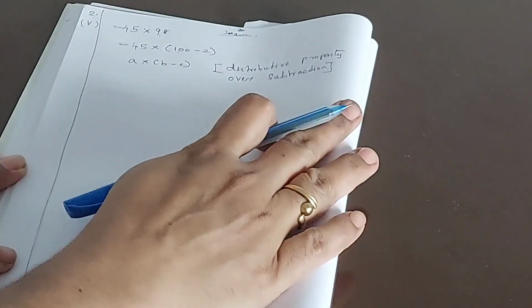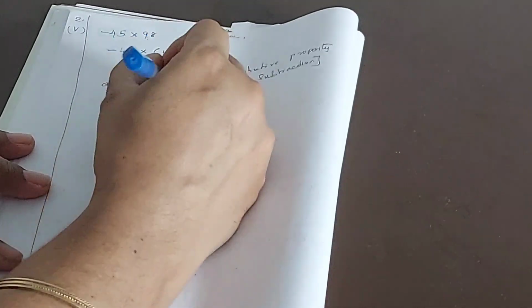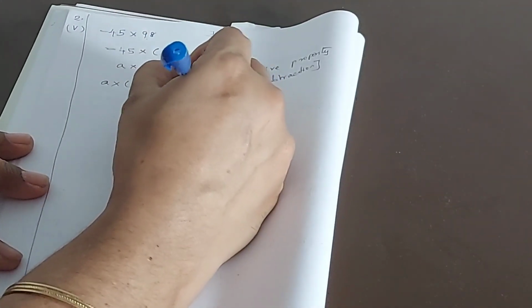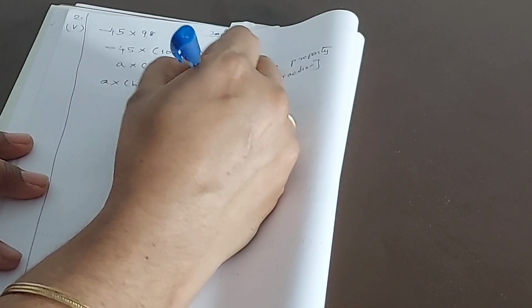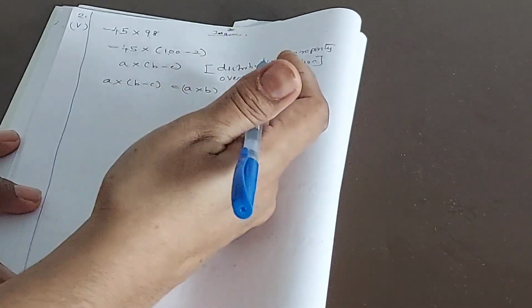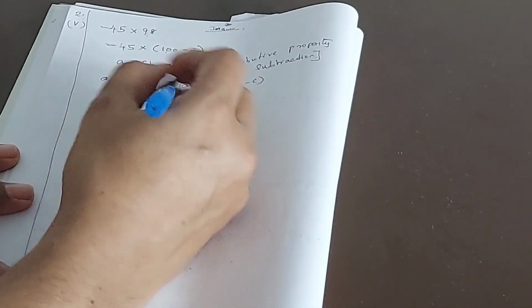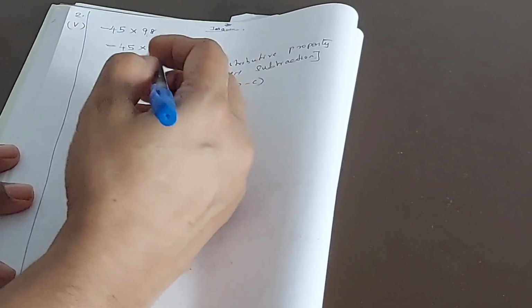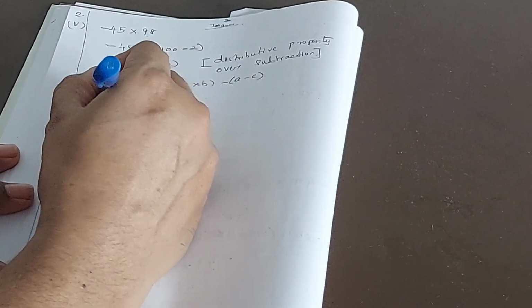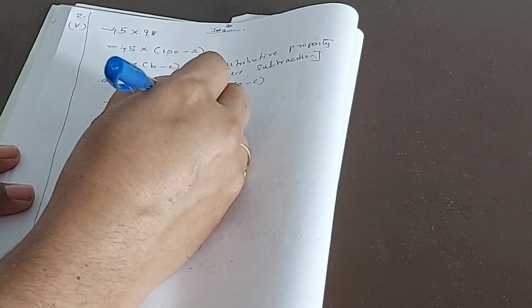Okay, children. What you have learnt in this property: if A cross B minus C, then it is equal to A cross B minus A cross C. This is the property you know, that is distributive property over subtraction. So we are going to apply this in this problem, that is minus 45 into 100 minus 2.